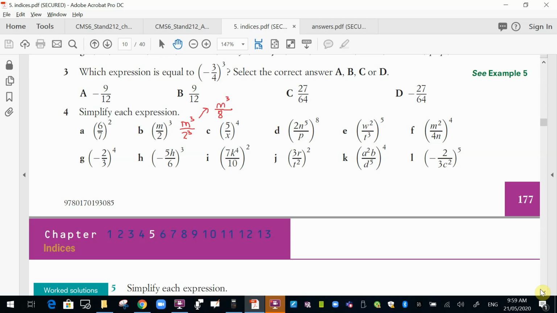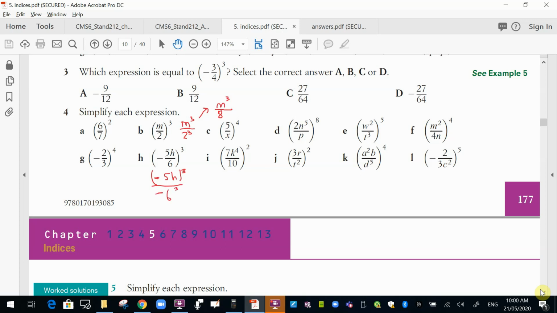Let's have a look at h. Okay. Negative 5h over 6, to the power of 3. Now I'm going to just write it this way and show you what to do and what not to do. So all of that I'll say is cubed over 6 cubed.